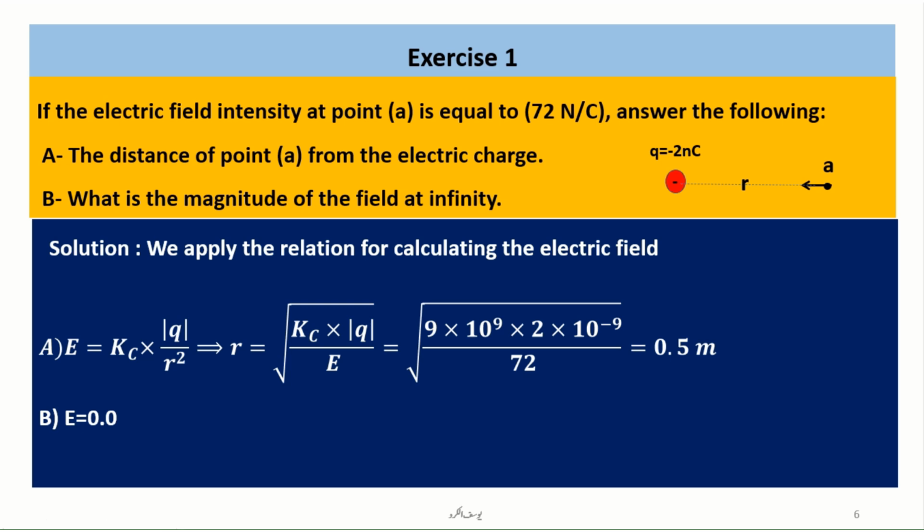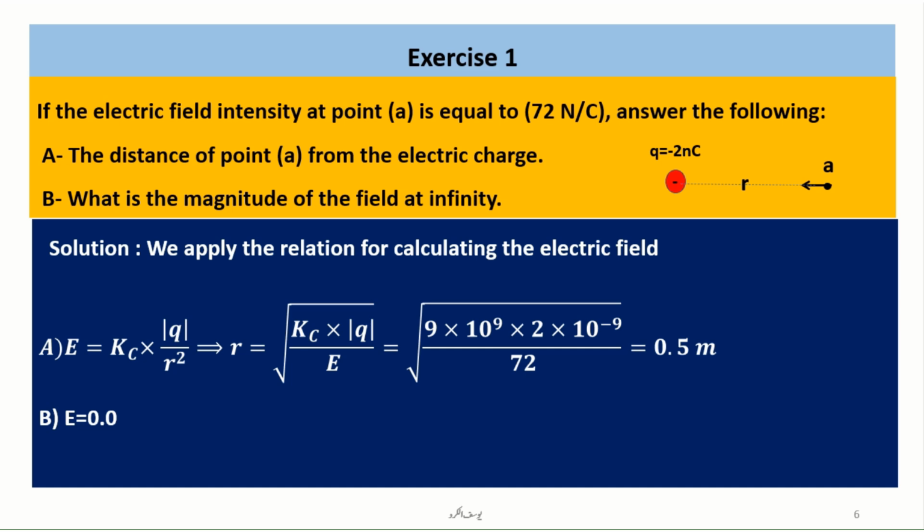Solution. We apply the relation for calculating the electric field, as we'll see. E equals Kc multiplied by the magnitude of Q over R squared, which equals 9 × 10^9 multiplied by 2 × 10^-9 over 7.2.